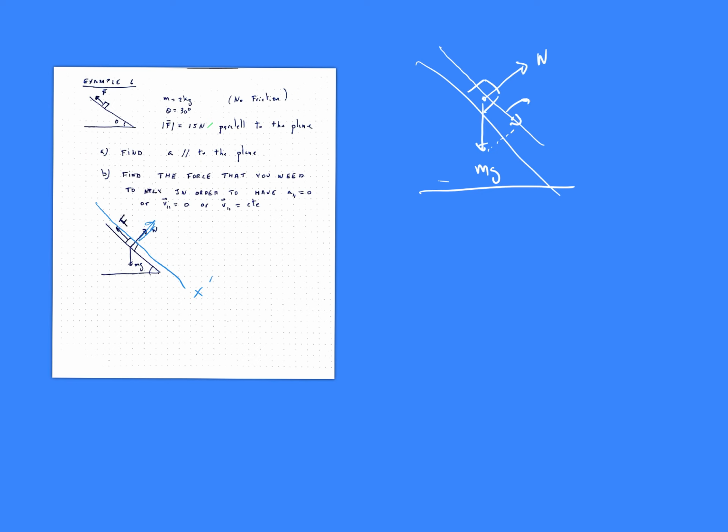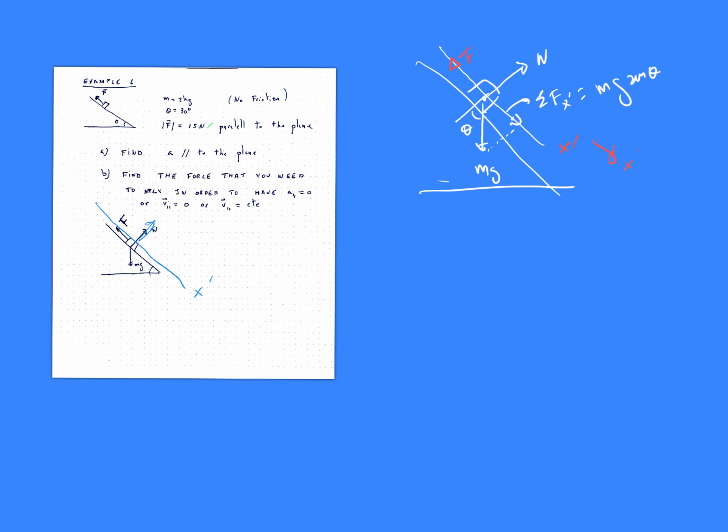So the sum of all the forces in the x prime direction is mg sine of theta. This is theta, so this is mg sine of theta. Perfect. But now the problem says that there is another force F going upwards. So let's apply Newton's law along the x prime axis. We take the positive x prime axis like this.